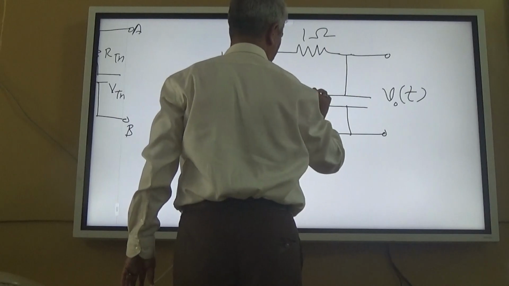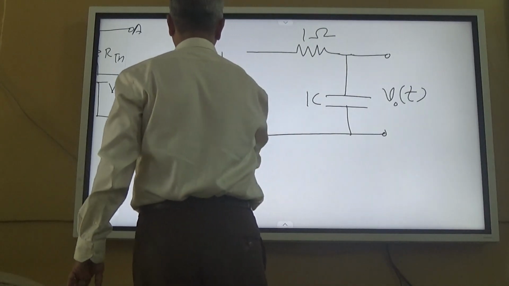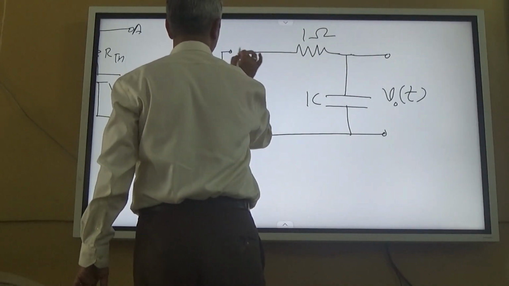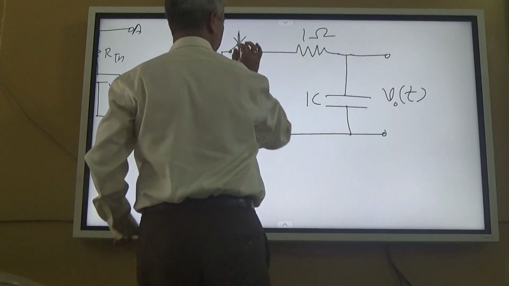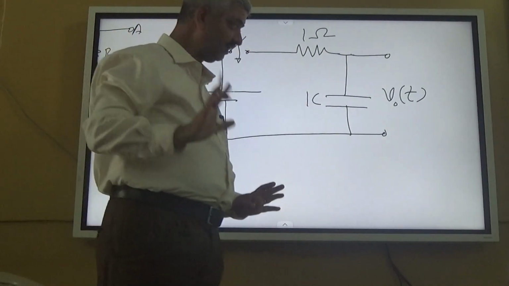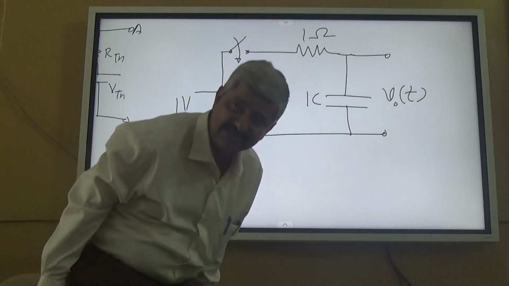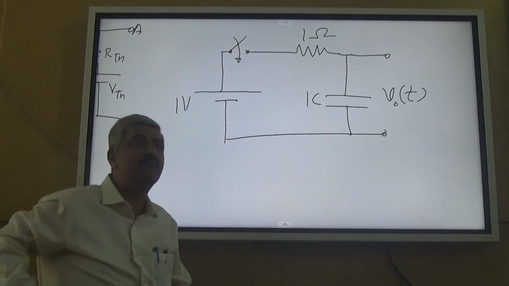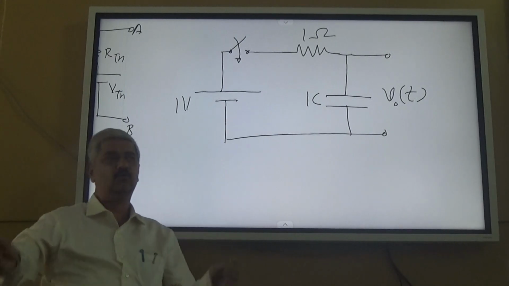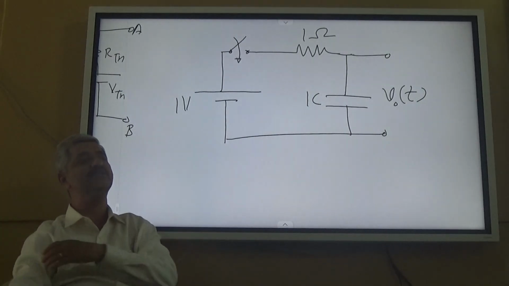Values, we are taking simple values: 1 coulomb, 1 volt. Now we have 1 ohm resistance, 1 coulomb capacitor.